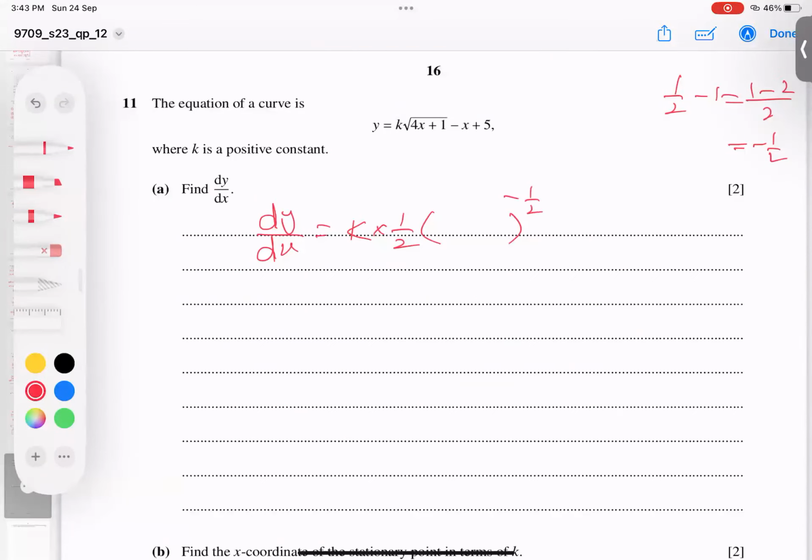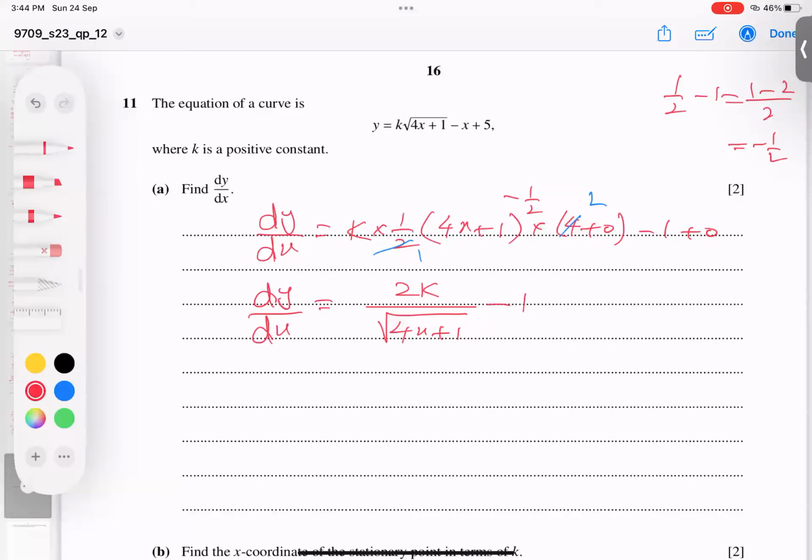The base remains the same, times the base derivative: 4 plus 0, because 1 has 0 and 4x becomes 4. The derivative of x is 1 and 5 has 0. Simplifying, negative half goes into the denominator and becomes positive, so I got 2k over the square root of 4x plus 1, and the differentiation is done.